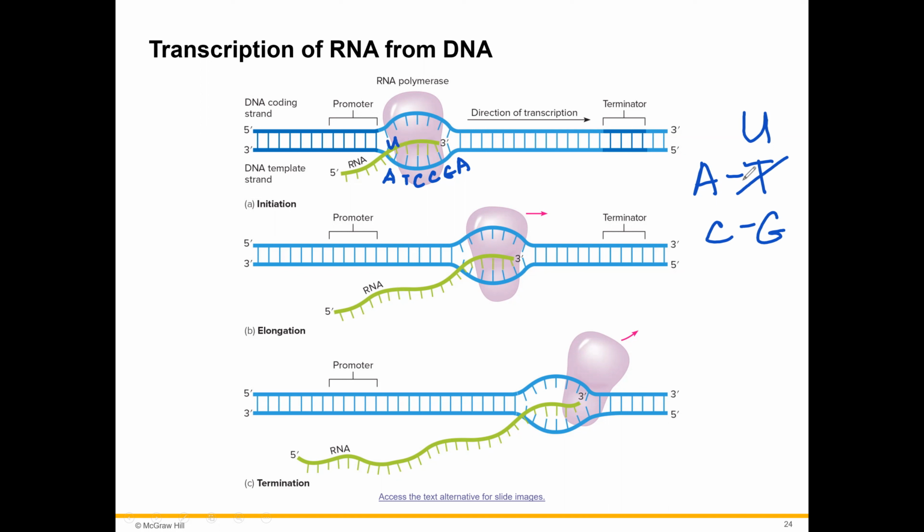T, you look over here, right? T is complementary with A, so we're going to put A. C, we're going to put G, G again, and C, and A again, U. Right, so here's our mRNA. This is our sequence that we made: U, A, G, G, C, and U, right? So here's our elongation.